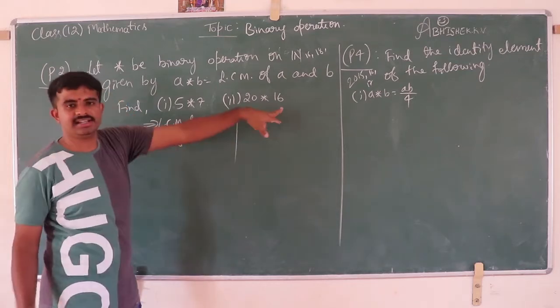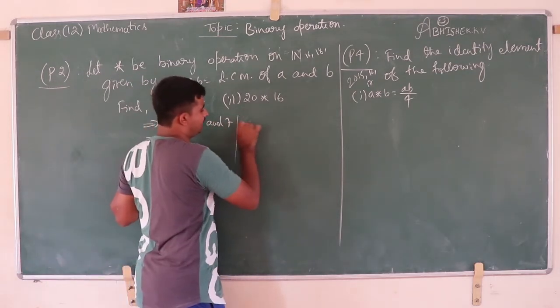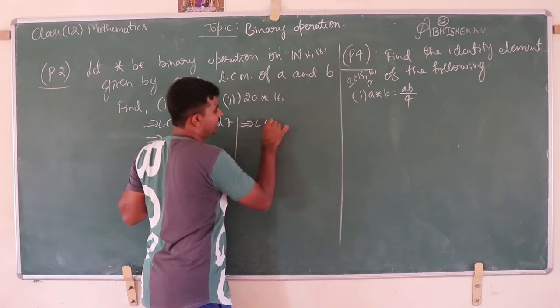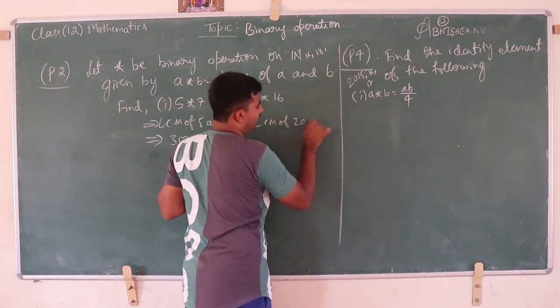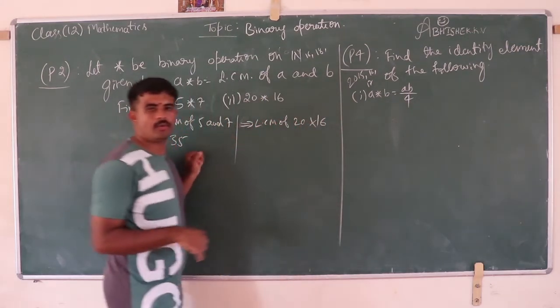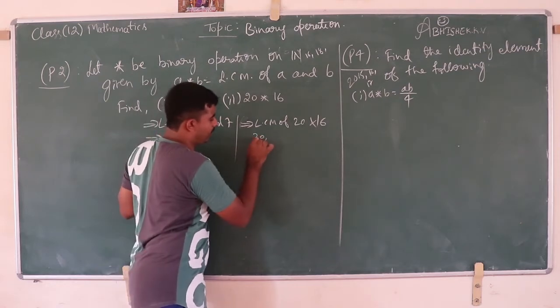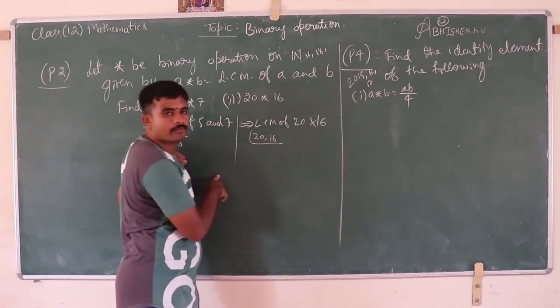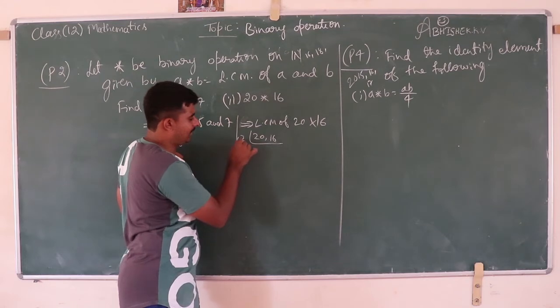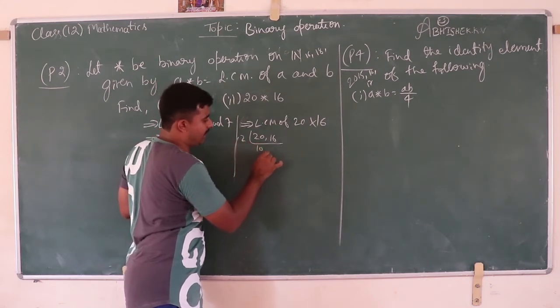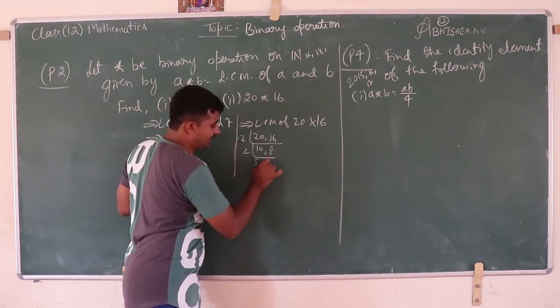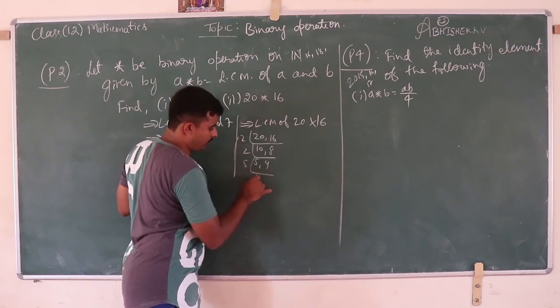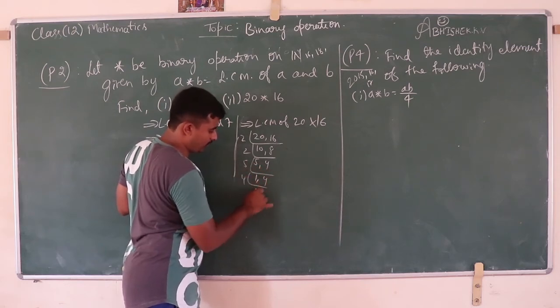What is 20 star 16? According to the given definition, it is LCM of 20 and 16. If I consider the factorization method: 2 tens are 20, 2 eights are 16, 2 fives, 2 fours, 5 ones are remaining, 4 fours, 1 ones are 1.